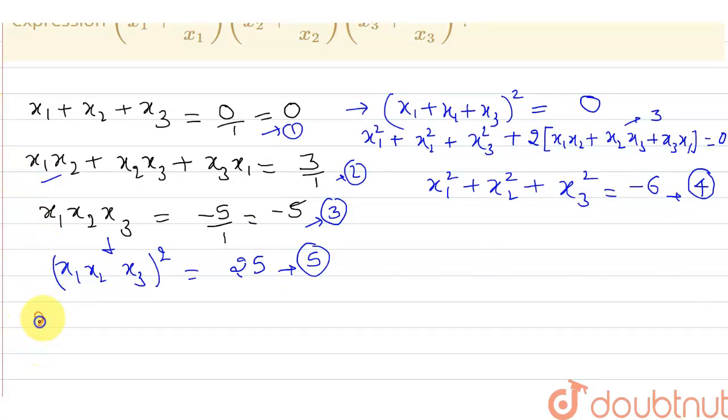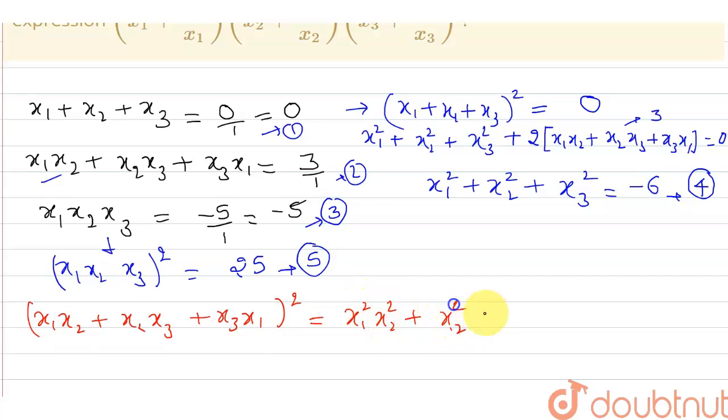This will give me x1 x2 plus x2 x3 plus x3 x1 whole square equal to the squares of each term: x1 square x2 square plus x2 square x3 square plus x3 square x1 square.